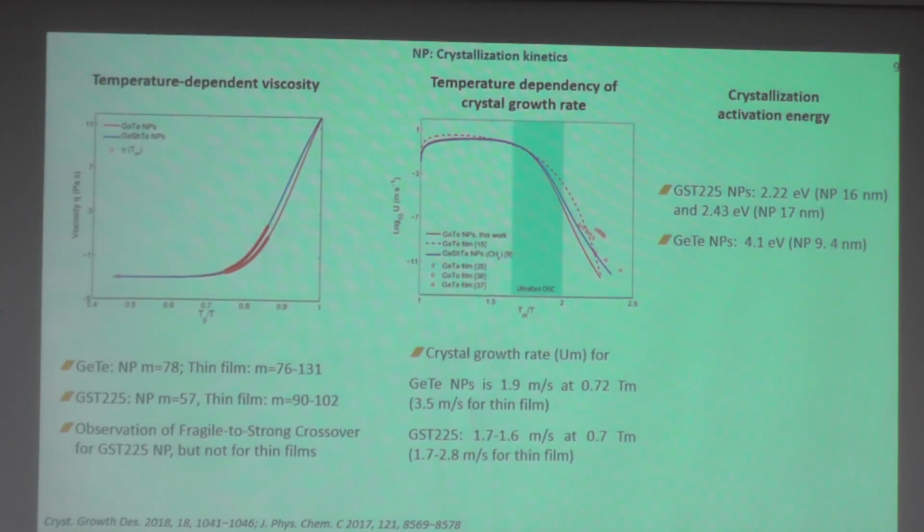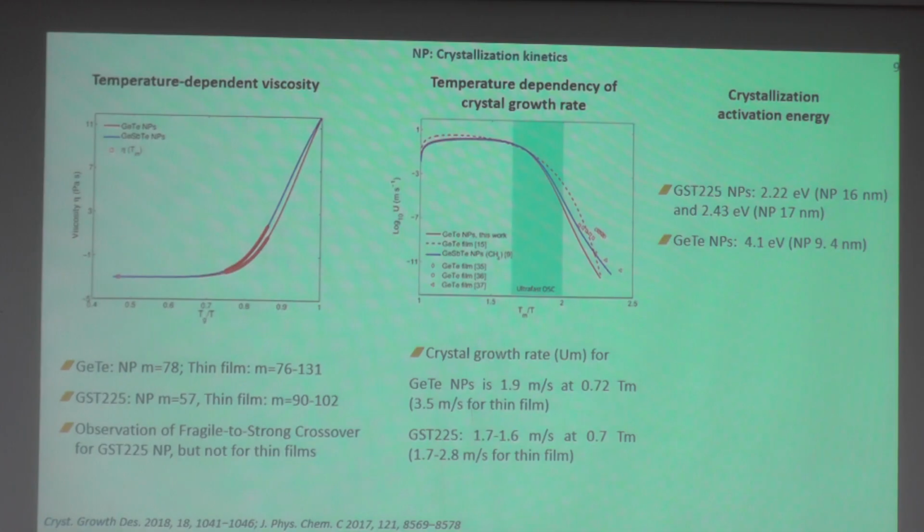So now we can also look at other material properties like viscosity, the temperature dependency of crystal growth rate, and also crystallization activation energy. If you look at the temperature dependent viscosity, these are the nanoparticles of GST and germanium telluride.